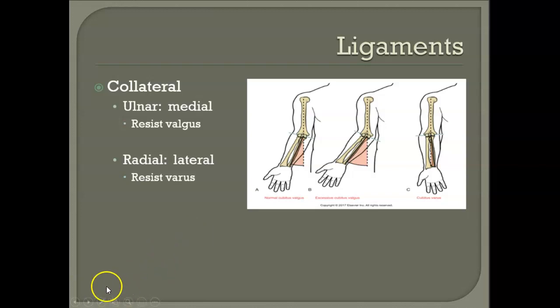If it gets out too much, you can see how that stretches the medial side. And then varus, it's harder to get that, but if this arm keeps going in, you're going to stretch this lateral side.